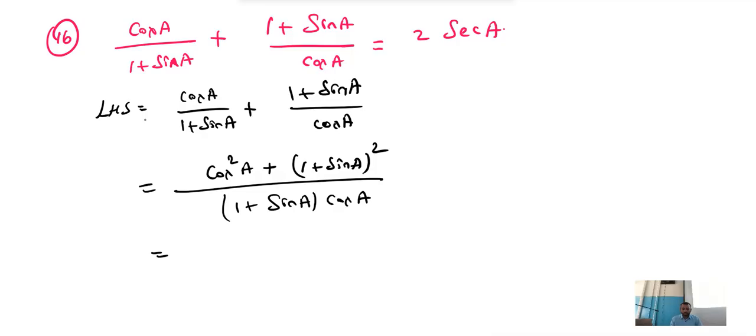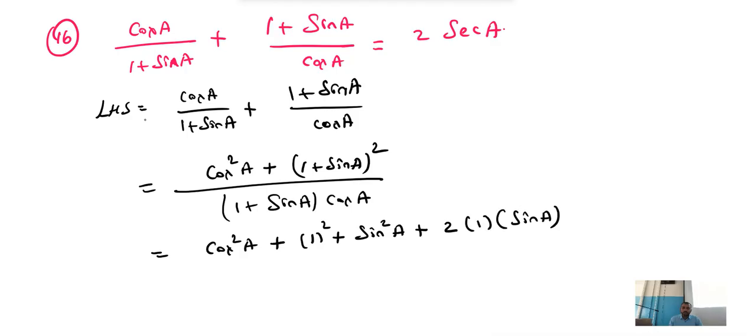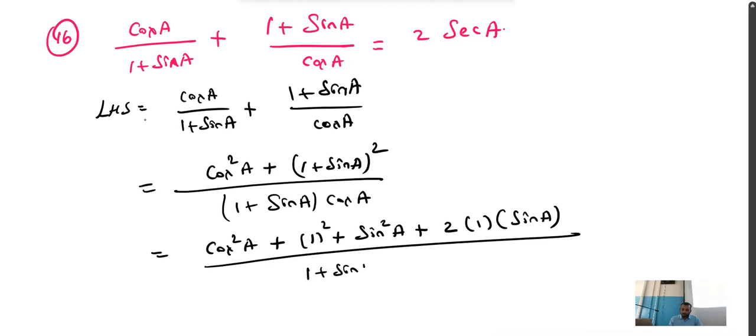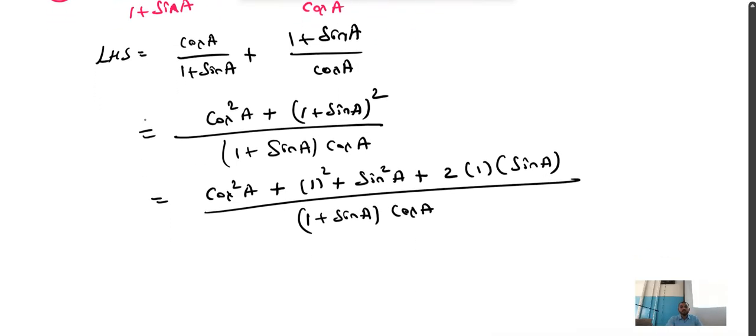Correct? Cos square A plus, it's in the form of A plus B whole square. 1 plus sin A, 1 is A, sin A is B. A plus B whole square: A square plus B square plus 2 into A into B, divided by 1 plus sin A into cos A. We have the identity.